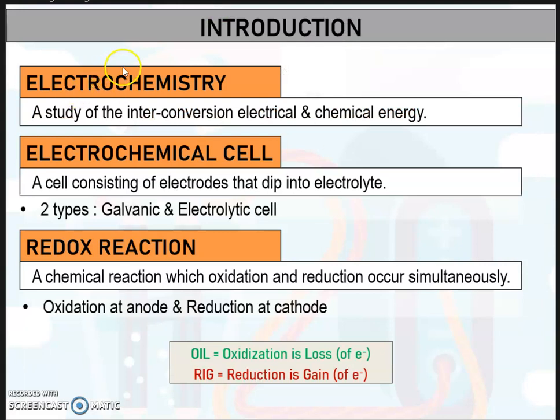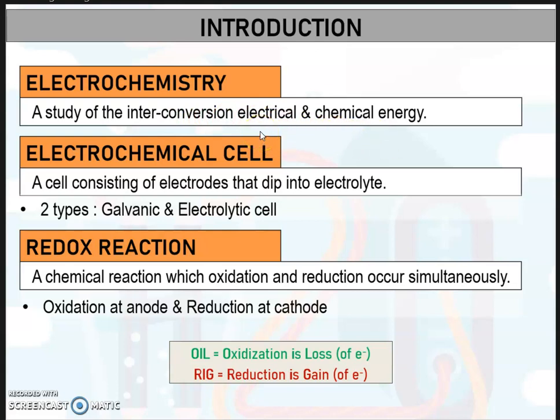Okay, first, let's look at the introduction of the electrochemistry. Electrochemistry is a study of the interconversion of electrical and chemical energy. What does it mean by interconversion? Interconversion or interchange between electrical and chemical energy.